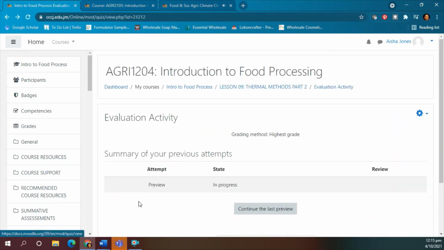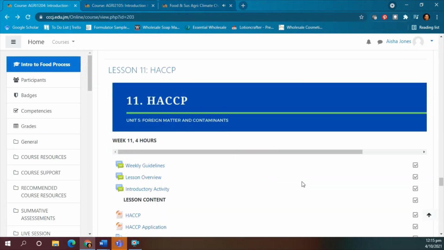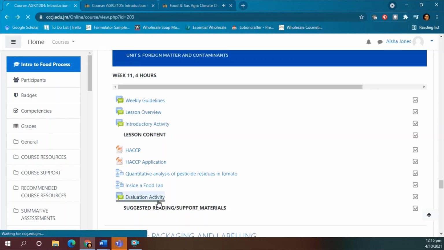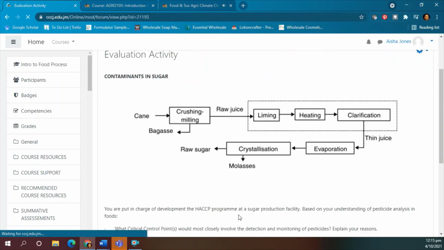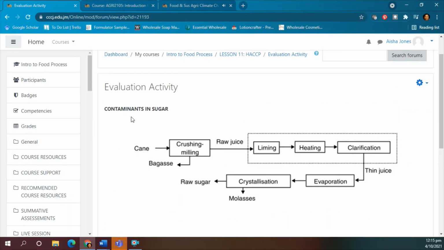Then we have forums. Let's look at an example of a forum in lesson 11. Lesson 11 looks at HACCP, and this particular evaluation activity essentially asks some questions that students can discuss through the forum. Okay, so here is an example of how cane is processed to give sugar.